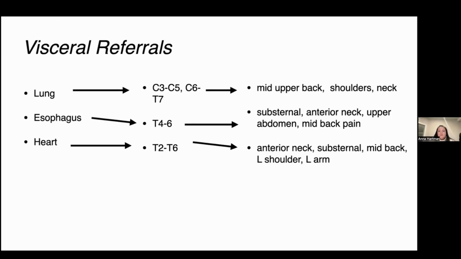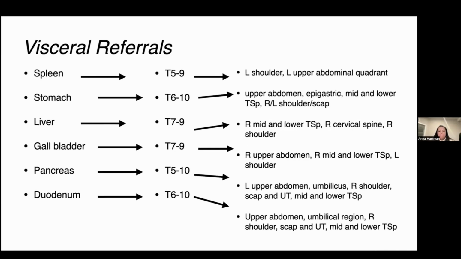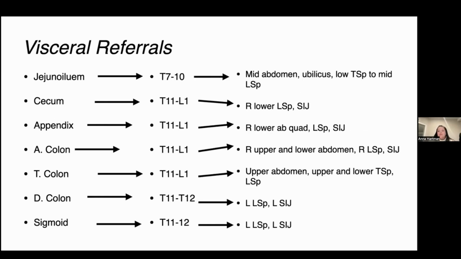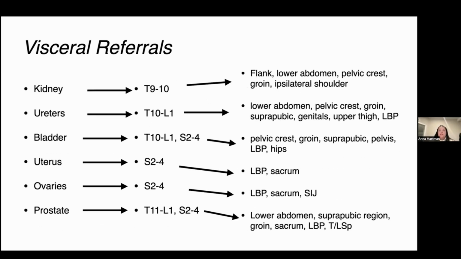The phrenic nerve is one of the sensory nerves to the organs of the neck, the thorax, and the upper part of the abdomen. This is why we get so many general visceral referrals to the neck and upper extremity. This is the whole basis of my education called Never Treat the Shoulder First.